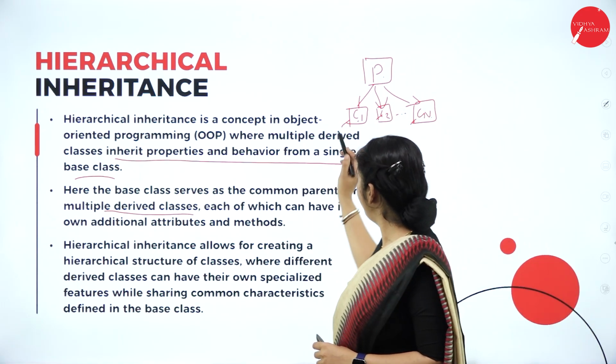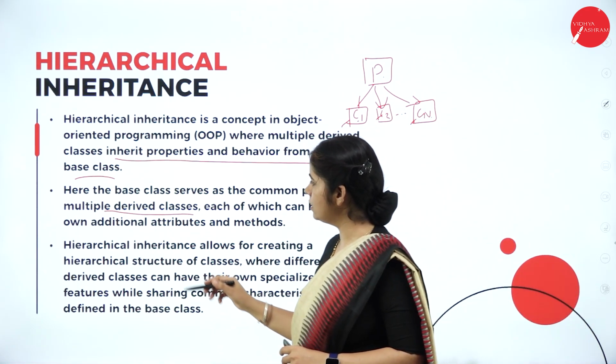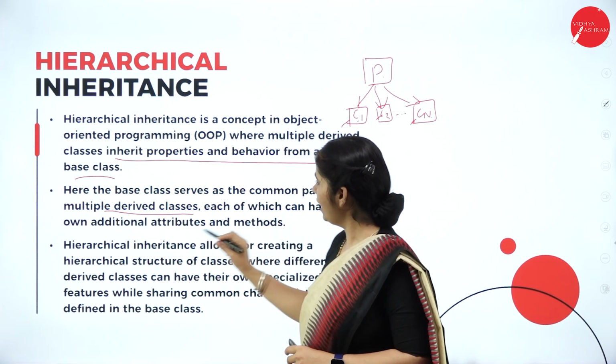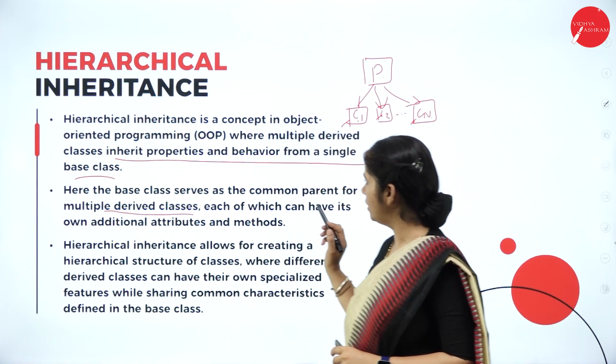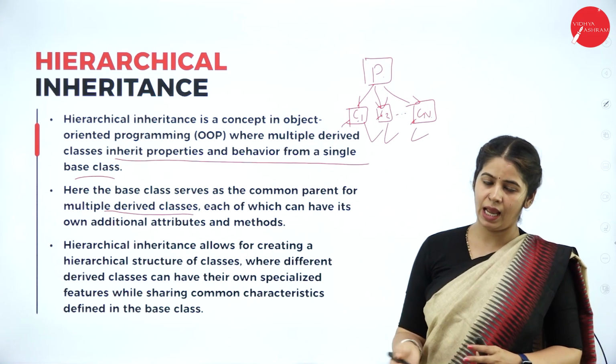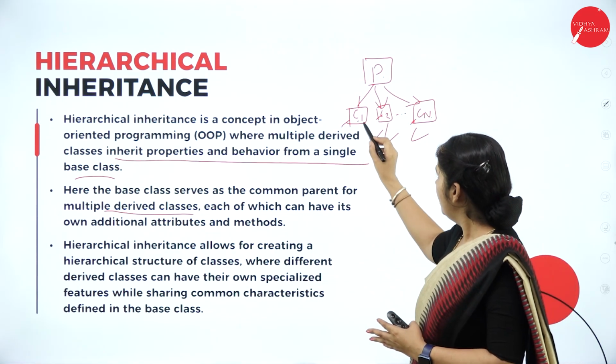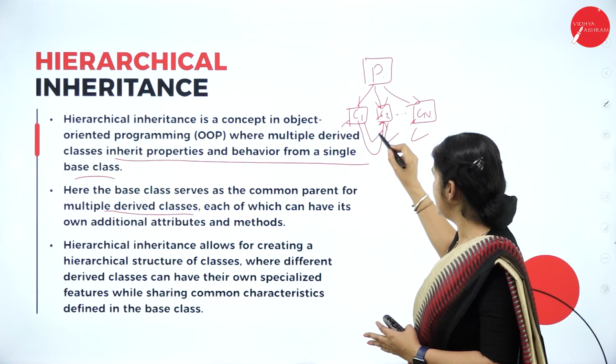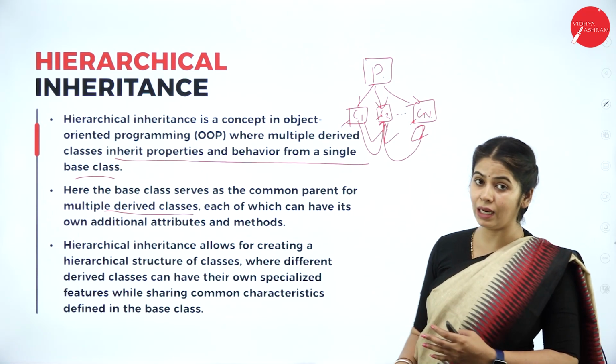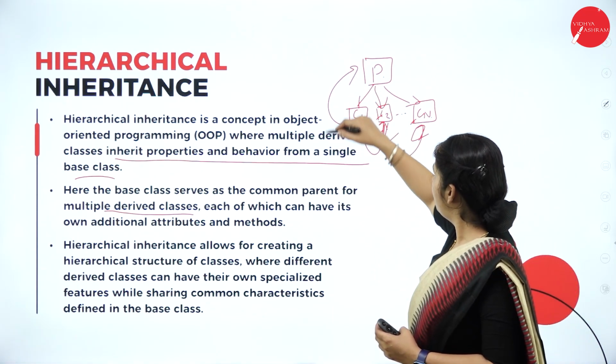That is a common parent for all the derived classes, which can have their own additional attributes and methods. This child class can have its own additional, different attributes and methods. But C1 cannot access C2, C2 cannot access C3, but they can access P.